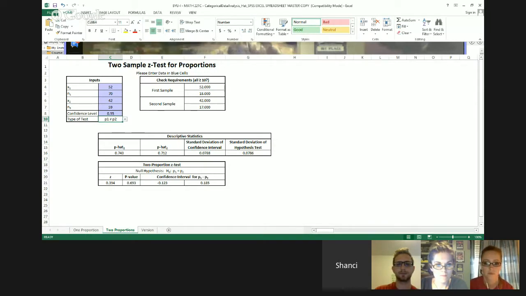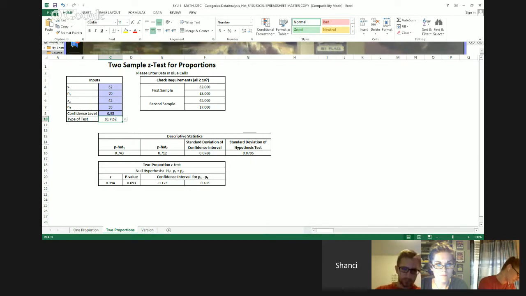So if we fail to reject, then there's insufficient evidence for the alternative, which is that females who can taste it are different from the males who can taste it. If we reject the null, there is sufficient evidence.